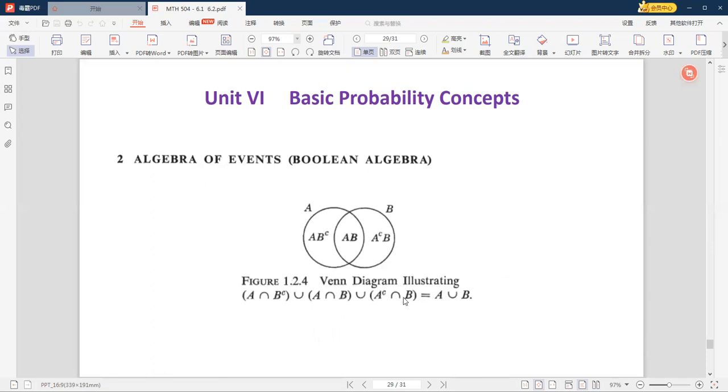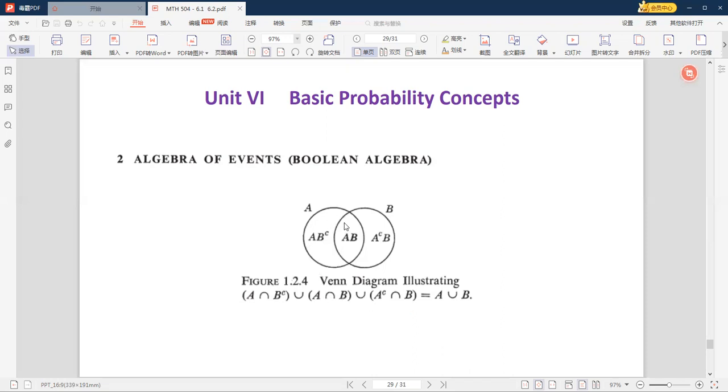All right. You can also easily check this equality is true. Think of the three parts to union on the left: A intersecting with B complement. That means everything in A and not in B. So you take out the part in common for A and B from A. So that's A, B complement, right?